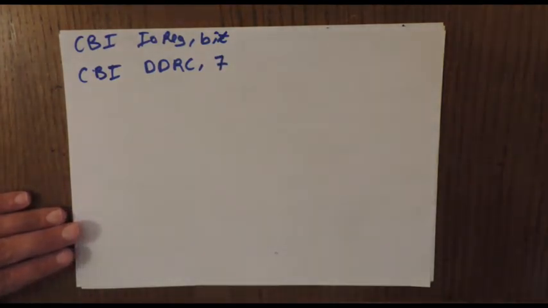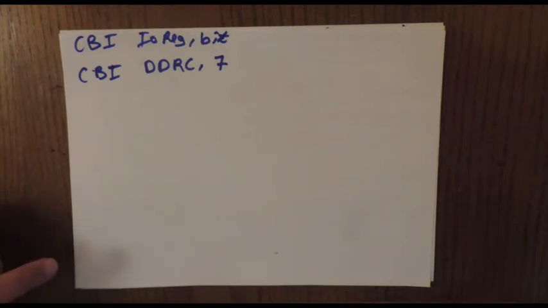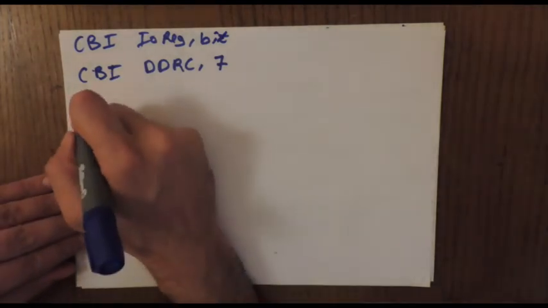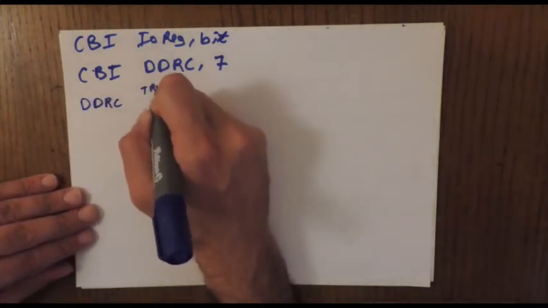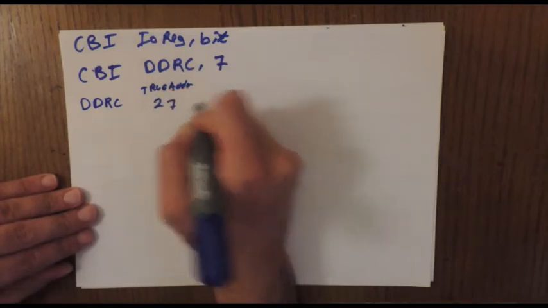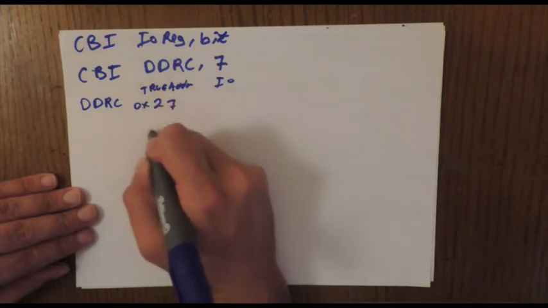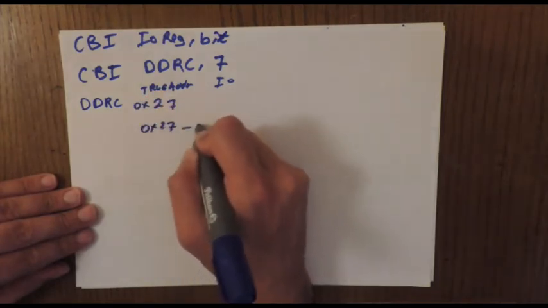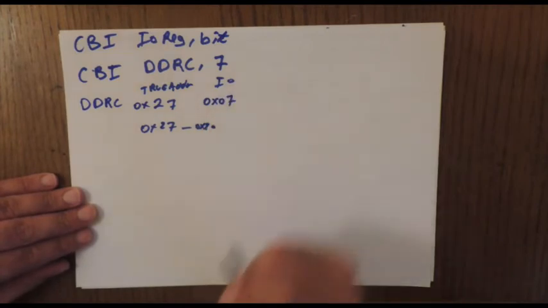Okay, so if we want to check what is DDRC, we look for the data sheet, and we notice that DDRC has a true address of 27, and of course the IO address will be 0x27 minus 0x20, which will be equal to 0x07.